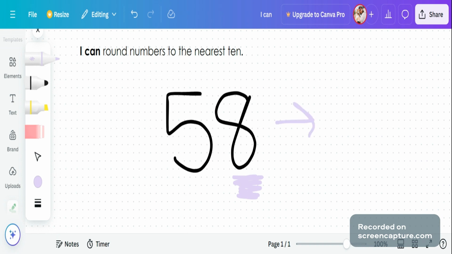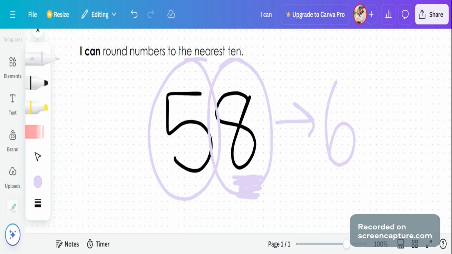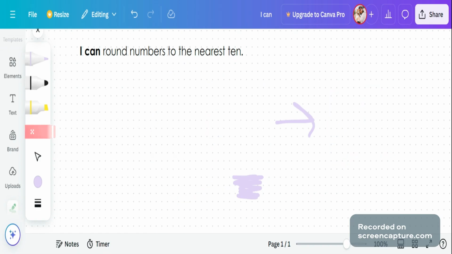So, the 5 in our tens place is going to go up by 1 and change to a 6. Because 5 plus 1 equals 6. And then the number in our ones place will always turn to 0. So 58 rounds to 60. Erase your boards.